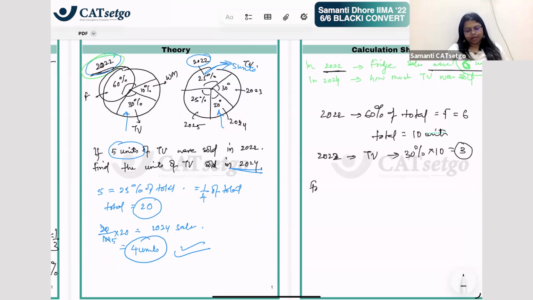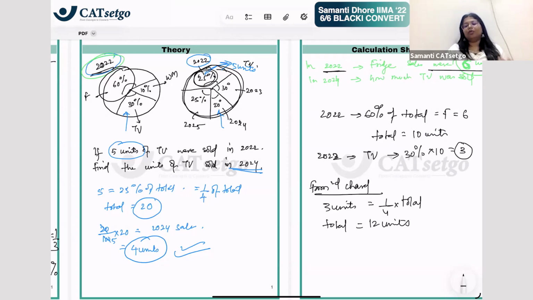Now from second pie chart, what do we get? 2022 का sales जो है 3 units, that was 25% of total. So total is how much? 25% is 1/4, right? So total is how much? 12 units. So overall, total TV sold overall were 12 units.